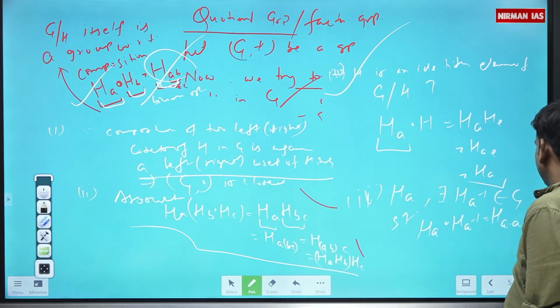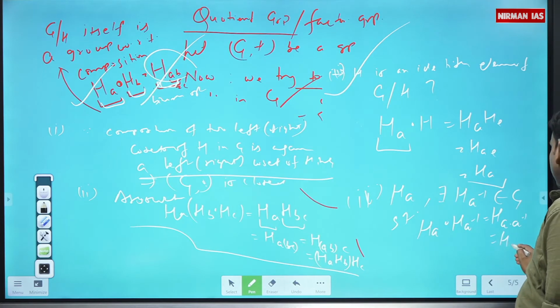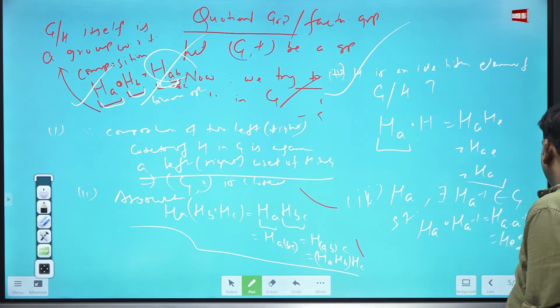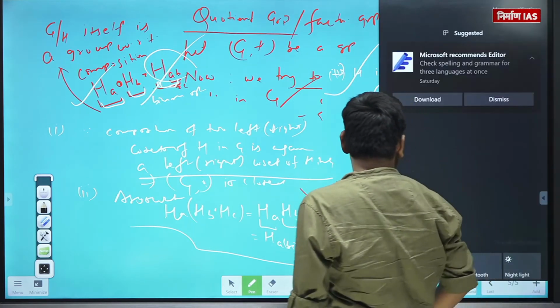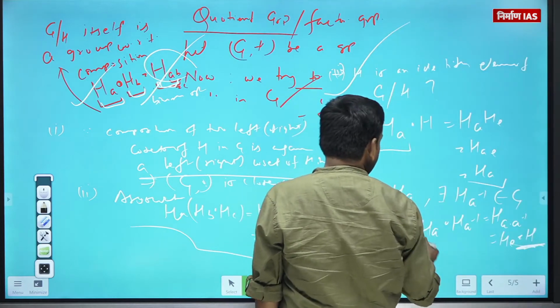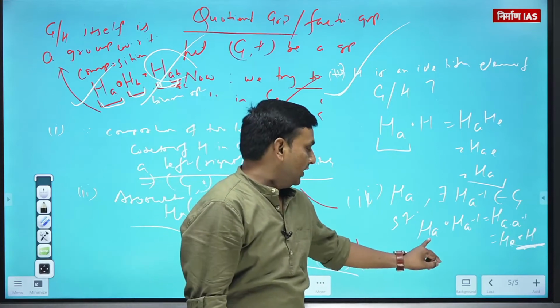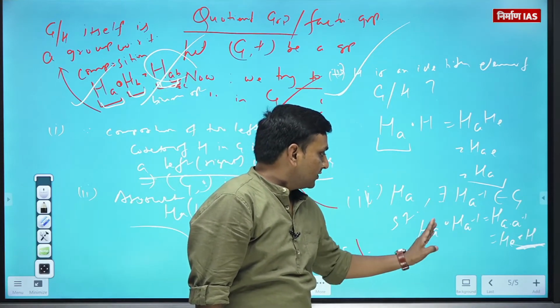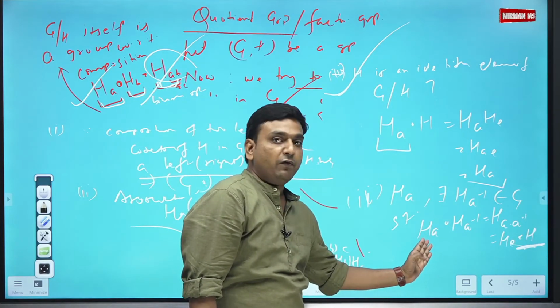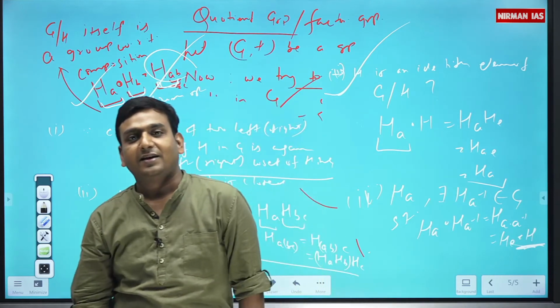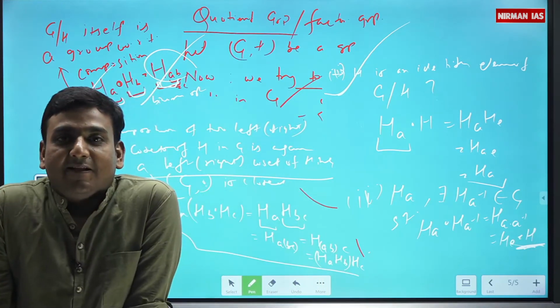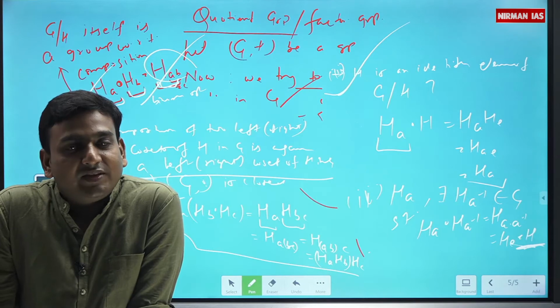Ha composition a inverse, that means He, and that is nothing but H. Sorry, H is nothing but the identity element of GH. So what it is showing is that Ha inverse is an inverse of Ha. Getting it? Any doubt? Any problem?